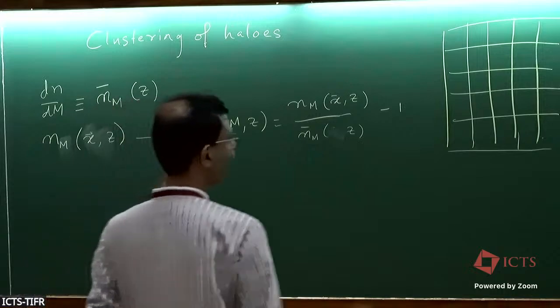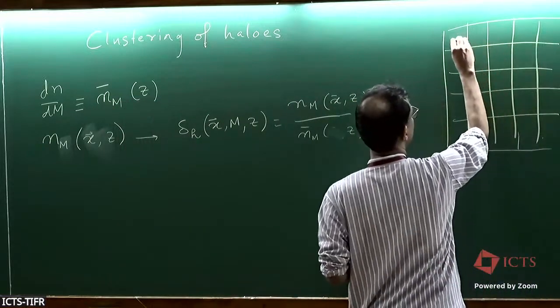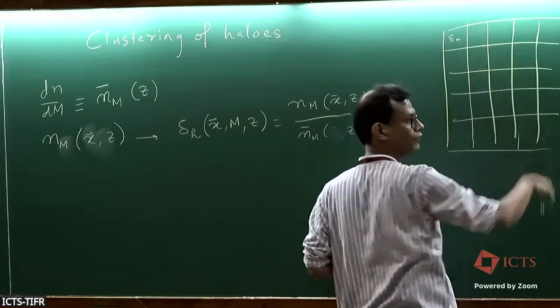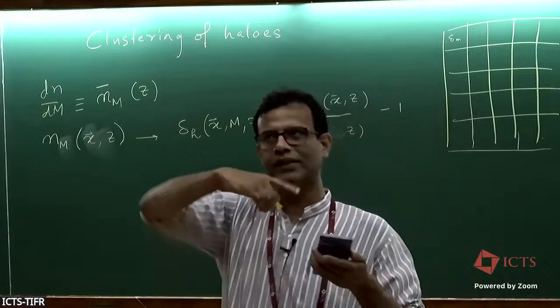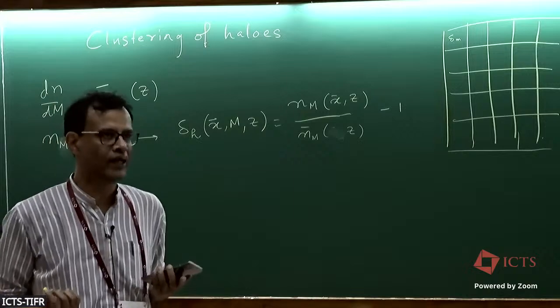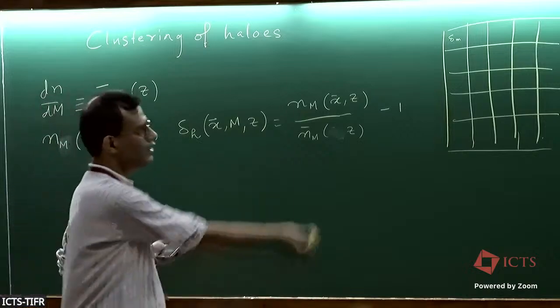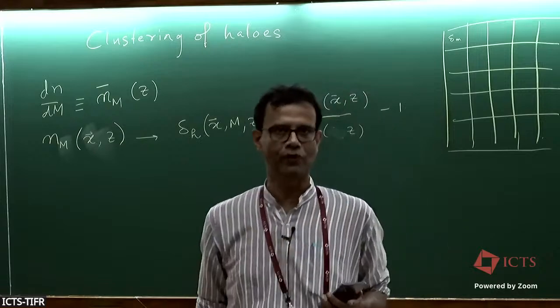Once you calculate the density, you can calculate delta_m. So for each point, you will have a delta_m as a function of the uniform grid. You can Fourier transform and calculate the power spectrum, or you can try to calculate the 2-point correlation from here. Whatever you want to do, you can do from this.